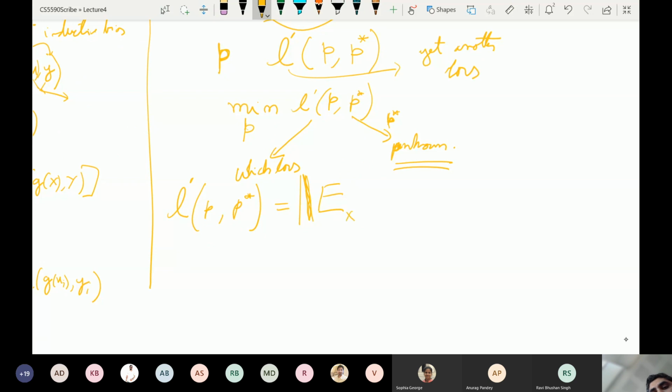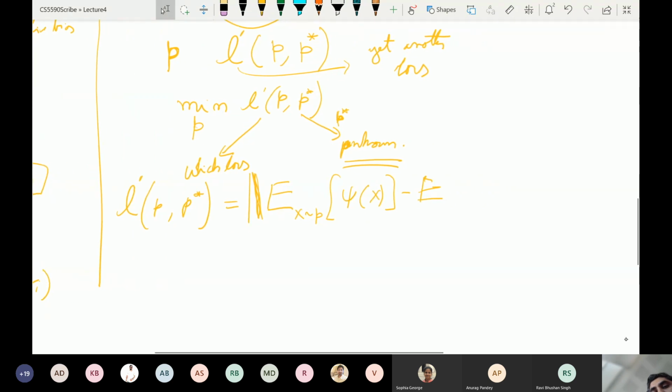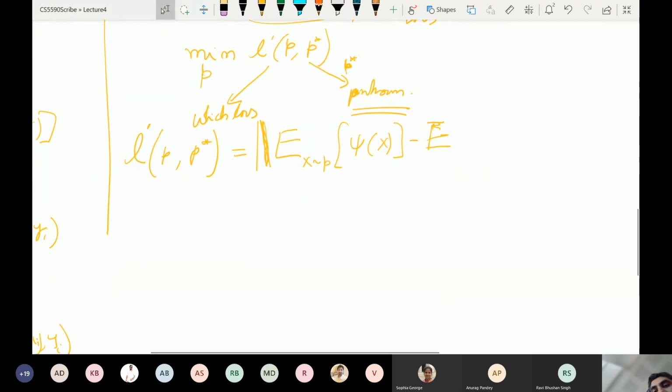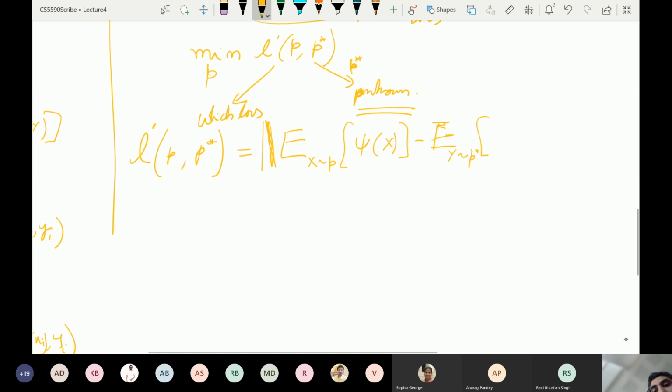So let me explain it to you. Okay. So what is this? Let me give you examples. So this is a loss function which is based on a function psi. Okay.